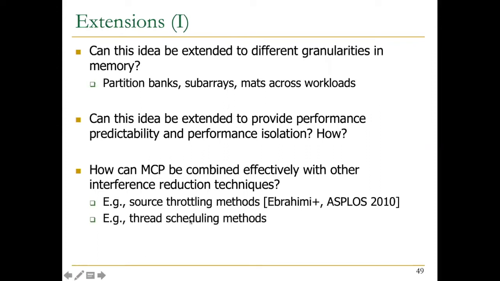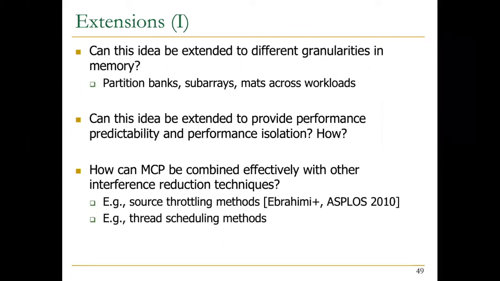Clearly, we talked about thread scheduling. Well, we talked about memory scheduling methods that are thread aware. Clearly, MCP can be combined with them because IMPS is an example. But there are also higher level thread scheduling methods at the operating system. Maybe you're careful. You have this feedback from your memory controller in terms of memory intensity, row buffer locality, and the characteristics of different applications.